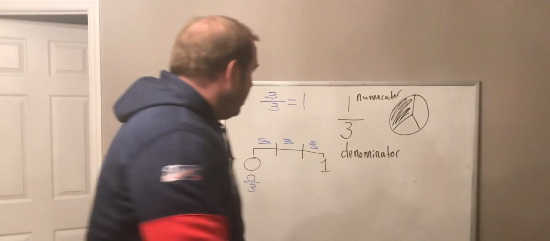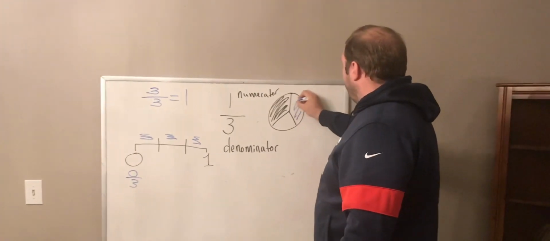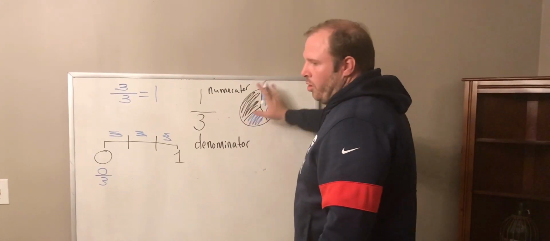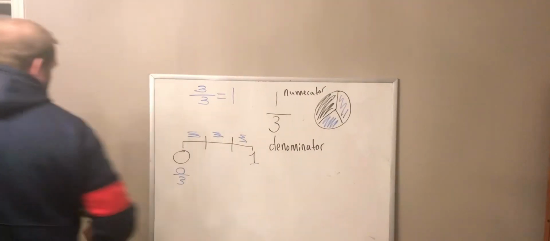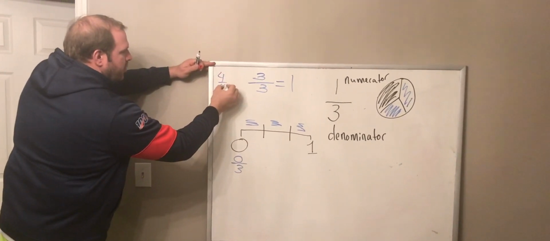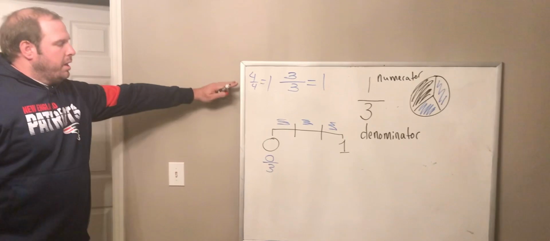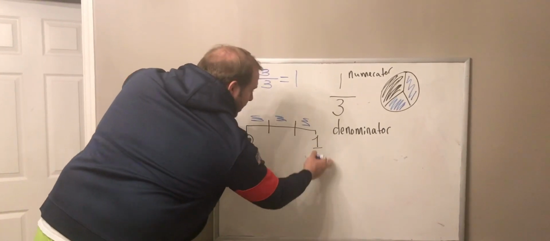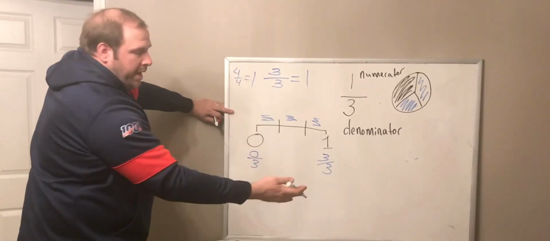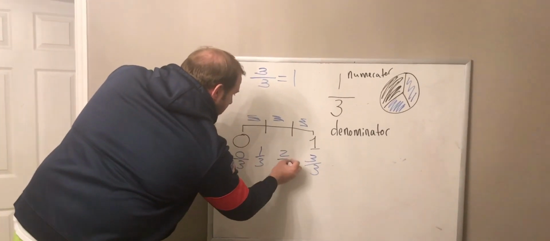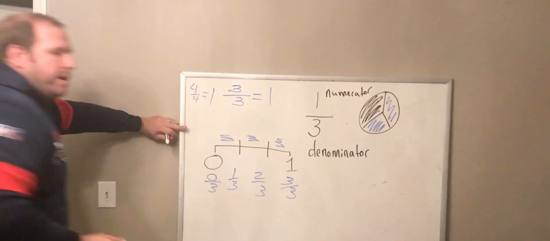For instance, if you look over here, if we were to fill all of these in, that would equal 1 whole circle filled in. So 3 thirds equals 1, or for instance, if we were doing fourths, 4 fourths equals 1. So if we're doing thirds, 3 thirds equals 1. And from here, we're just counting. It's easy. 0 thirds, 1 third, 2 thirds, and 3 thirds.